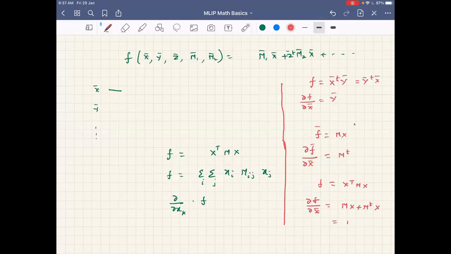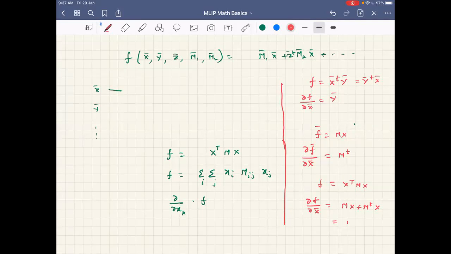So you can also write the derivative of x transpose x as 2x. All these identities which we have now discussed are very important when I discuss some aspects of Bayesian classification, and more importantly, neural networks, convolutional neural networks, and so on.